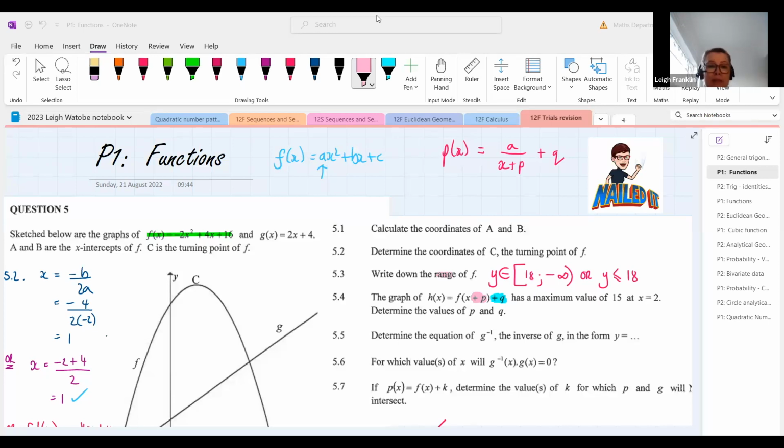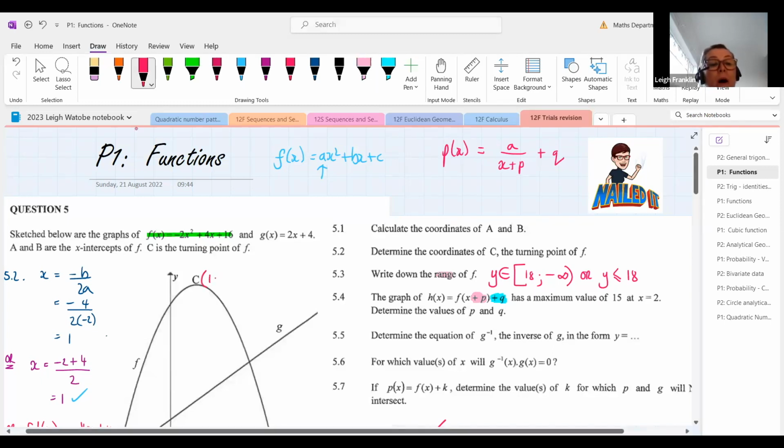They represent the coordinates at the turning point of this transformed graph of h of x. Originally our coordinates are at 1 and 18. We've now got an x coordinate at 2, so it's moved 1 to the right and it's moved 3 down. So let's call this C prime.